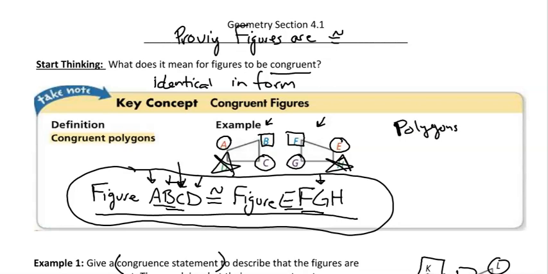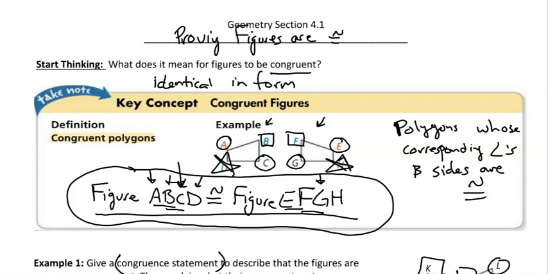Polygons whose corresponding angles and sides are congruent. That is the way you find out that they're identical in form. Both the sides and the angles that are corresponding will be congruent.